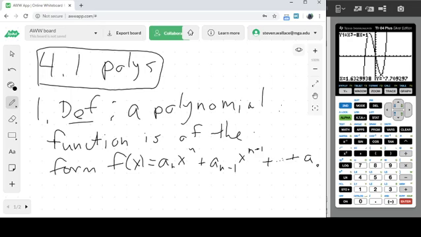Now, not all polynomials will be of this form immediately, but if you multiply them all out and simplify them, they should look something like this, okay?